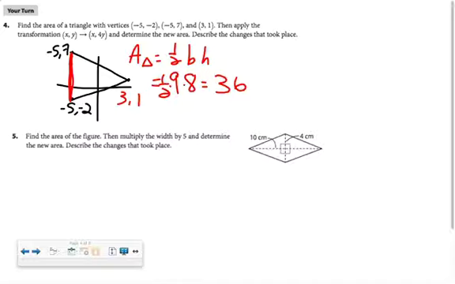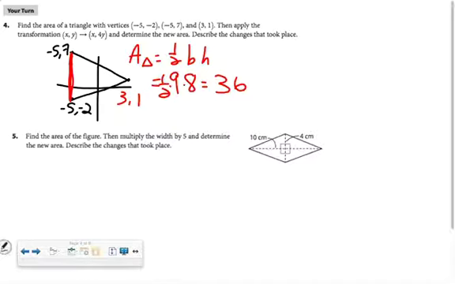Then it's asking us to apply the transformation and determine the new area. Well, what we saw a few screens ago was that if I multiply just one coordinate by some factor, in this instance it would be 4, then the area got multiplied by that factor.